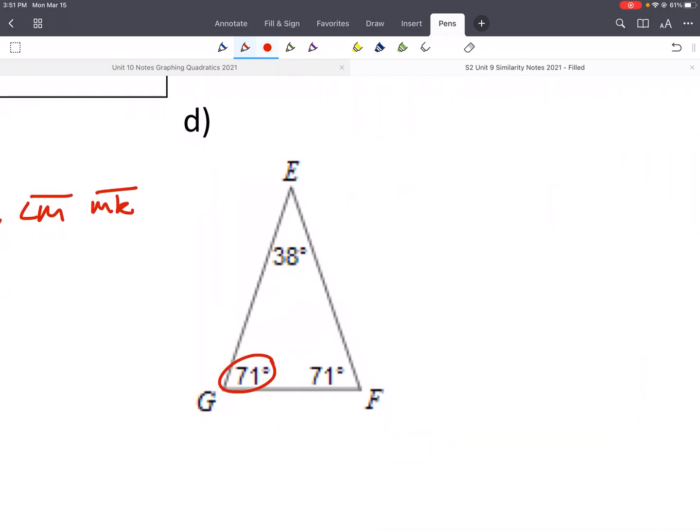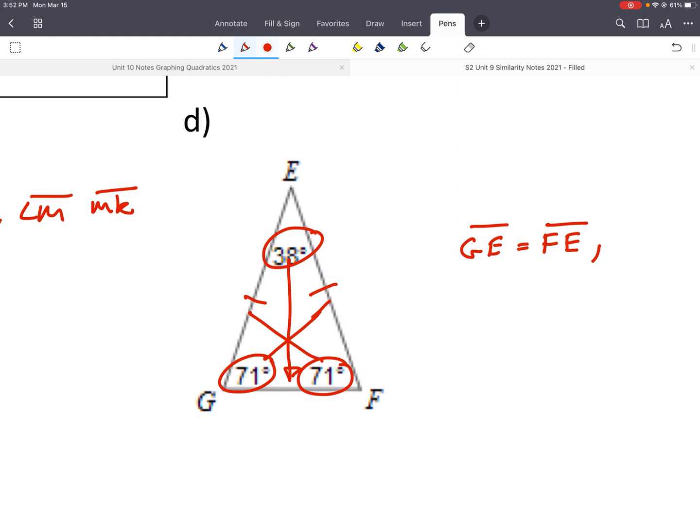So we have these congruent angles, which means their opposite sides are also congruent. So GE is equal to FE. And then we have the largest side, that is the largest. I guess I did that wrong. So this is the smallest, so I need to put that in front. So GF.